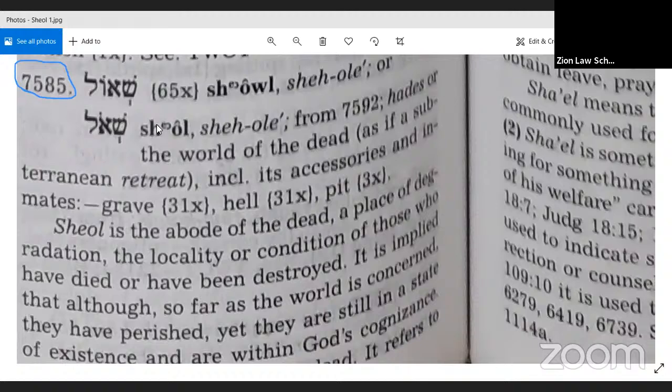Now, everyone viewing the video, the idea here is to identify and understand the relationship between Strong's number 7592 and 7585. We discuss this in our course all the time. This is a big deal.